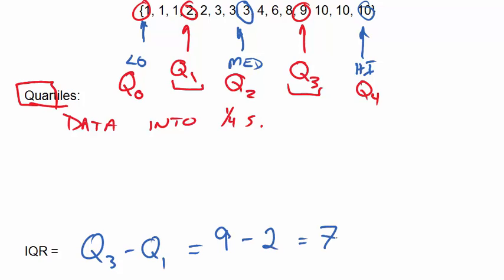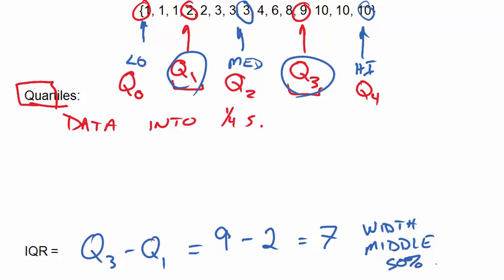My interquartile range is 7, and that gives us some sort of measure of spread. I'm looking from the quartile of the bottom half to the quartile of the top half, and the difference between those gives me some sort of measure. And because of that gap, it's sort of like the width of the middle 50% of the data.